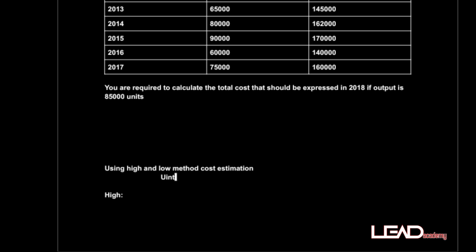Now if you look at our table, the highest unit that was produced was in 2015. The units produced in 2015 were 90,000 units, and the total cost incurred to produce 90,000 units was $170,000.